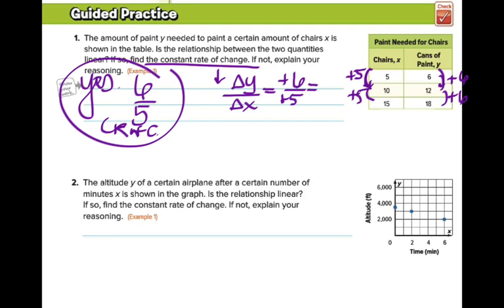Number 2, the altitude y of a certain airplane after a certain number of minutes x is shown in the graph. Is the relationship linear? If so, find the constant rate of change. If not, explain why. So if I were to connect my dots and try to make a straight line, if I put a ruler here, I don't actually have a ruler, but if you were to put a ruler, it would not go through that last point.